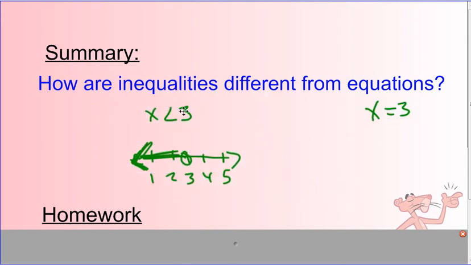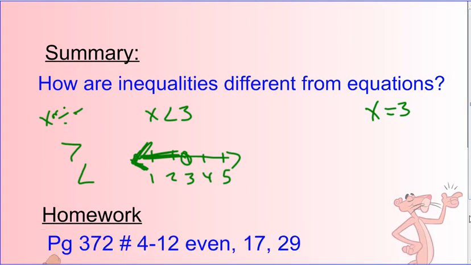So inequalities, you have this. Equations, you have that. The solving is pretty much the same. The one difference we saw is when you multiply or divide by a negative, you have to change the direction of the inequality. So those are some of the differences you should have noticed, hopefully.